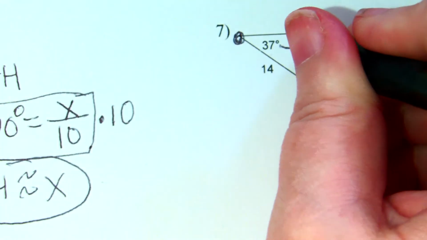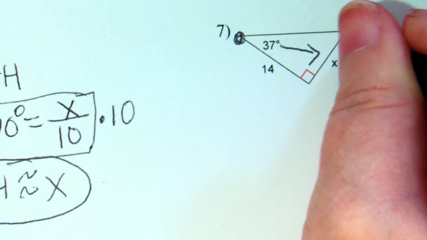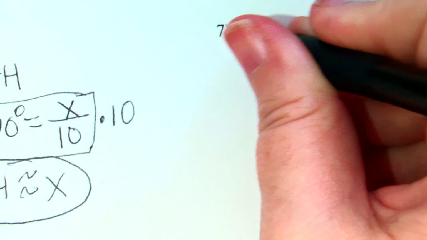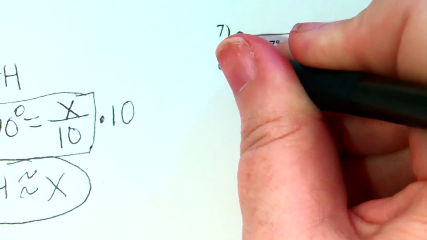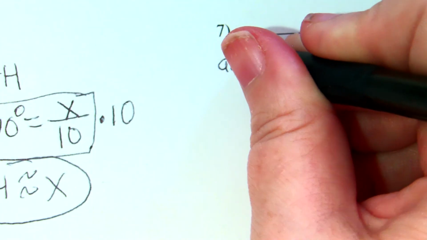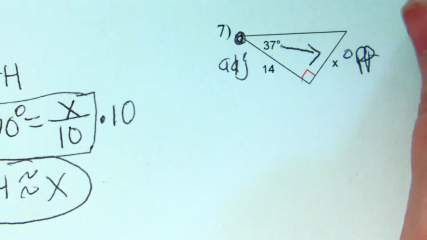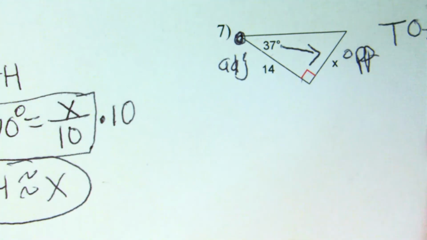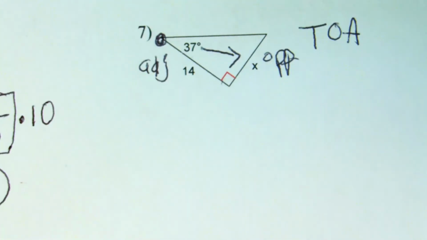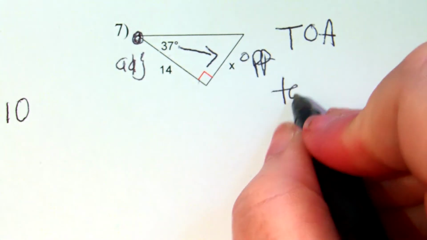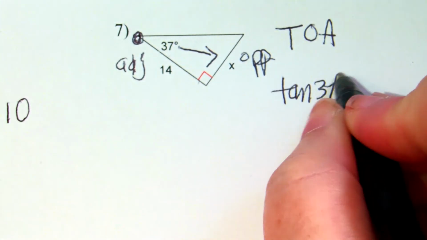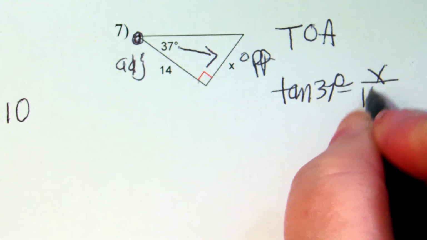So this is what? Opposite. This is the hypotenuse. So this would be adjacent. So OA. TOA. Which one's TOA? Tangent of 37 equals x over 14.